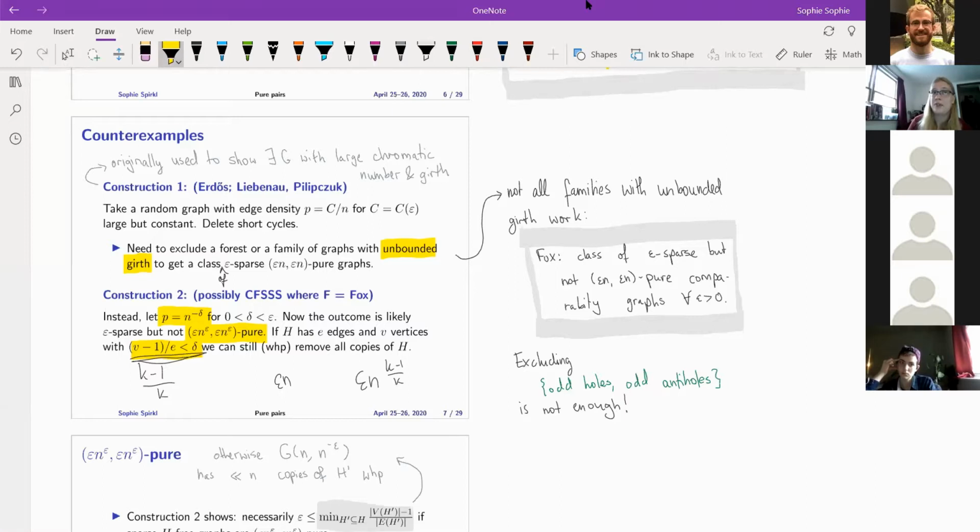Right, we now have a construction that says we should exclude things with large girth in order to get pure pairs, but that's not enough either. For example, Jacob Fox gave an example of a class of epsilon sparse graphs that are not epsilon n pure.